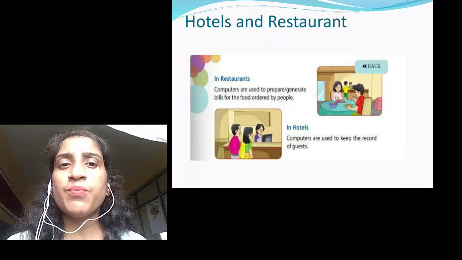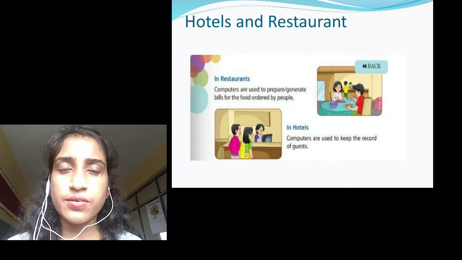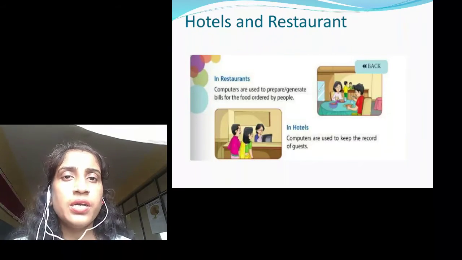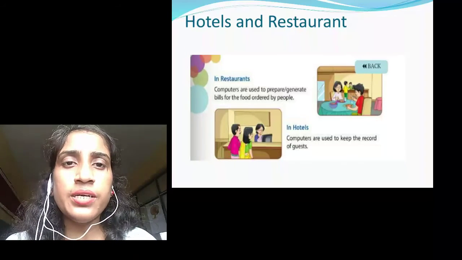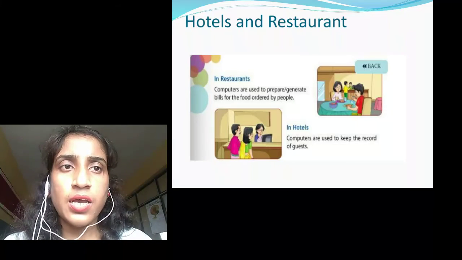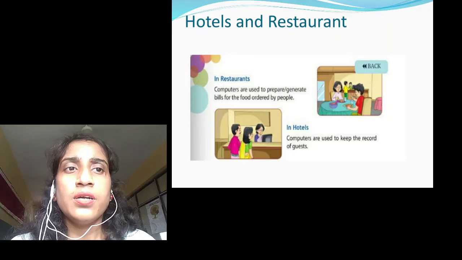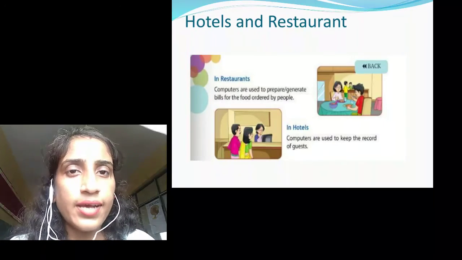Now the last place is hotels and restaurants. Computer is widely used in hotels and restaurants. In a restaurant, you can make the bills of food ordered by the people, and in hotels, you can keep the records of guests.